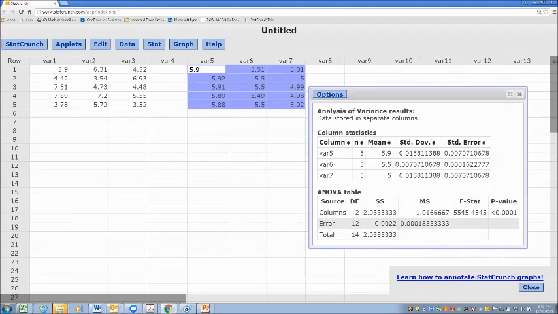The variability within each column was very small compared to the variability between the columns. The further F is away from one, or the larger F is, the more the between variance is outweighing the within variance, and the more likely we are then to believe that the means are different.